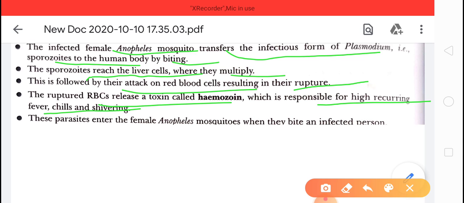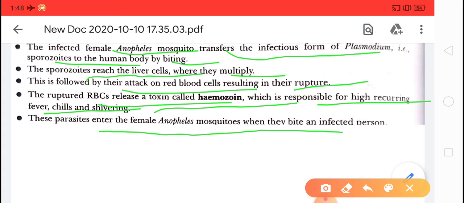Now after that, these parasites enter the female Anopheles mosquito when it bites the infected person. They form the sexual stage, that is male and female gametocyte.